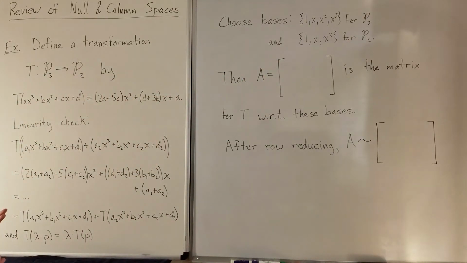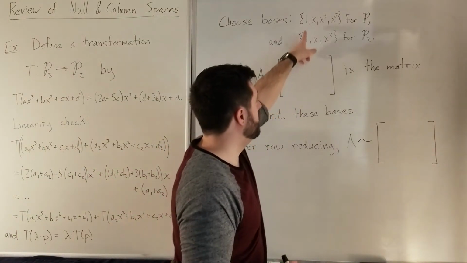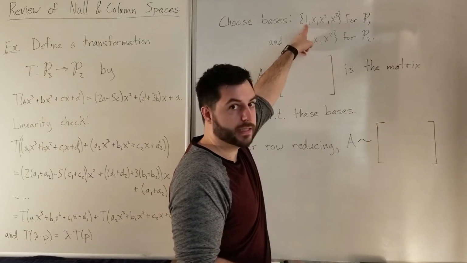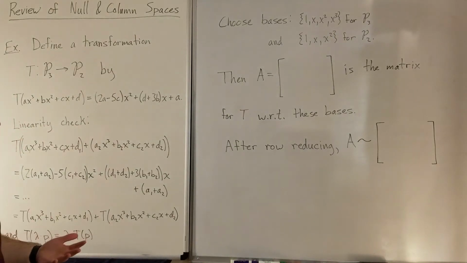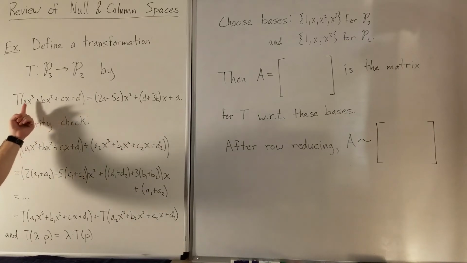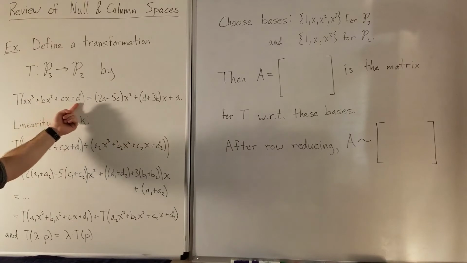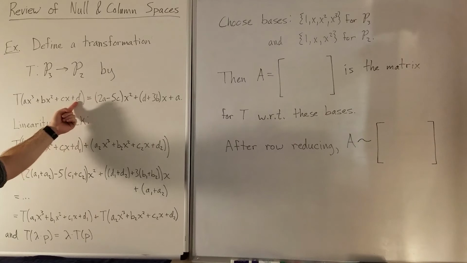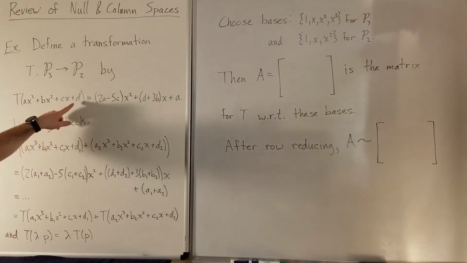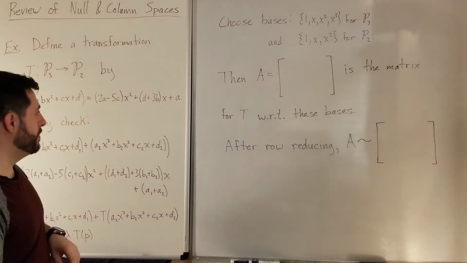Okay, so the first column of this matrix is going to be the image of this first vector in the basis for the domain. Okay, so we want to know, where does 1 get sent with this transformation T? And 1 is the polynomial a x cubed plus b x squared plus c x plus d, where a, b, and c are all 0 and d is 1. Okay, that's the same thing as the polynomial 1. And T sends that to this polynomial.